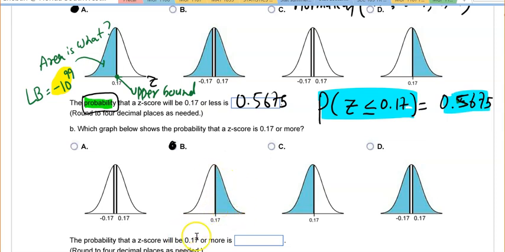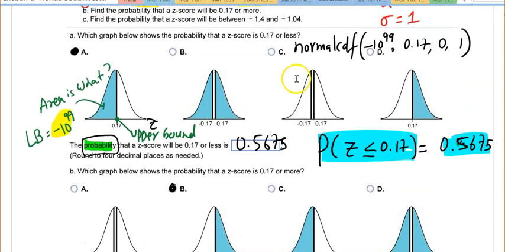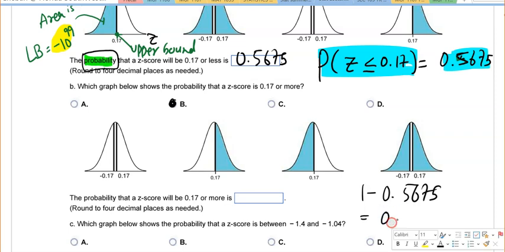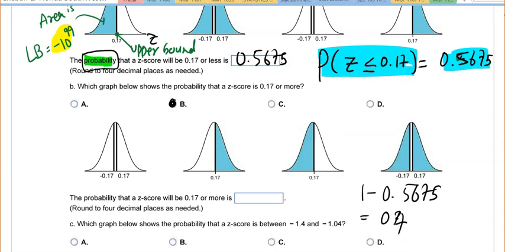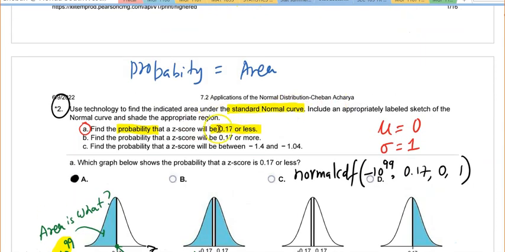Now what's the probability? Since you already found the probability of 0.17 or less, if you subtract from 1, you get 1 minus 0.5675, you get 0.434325.